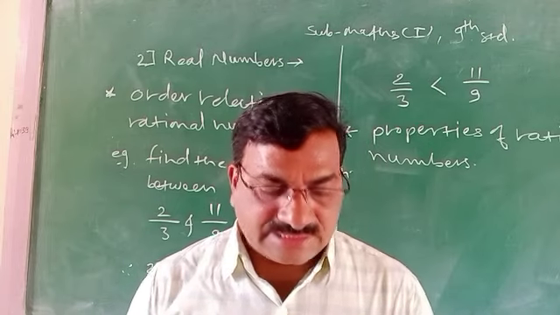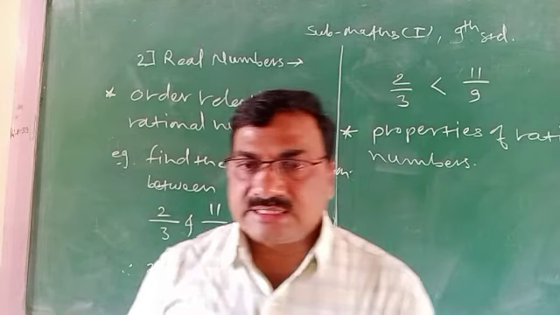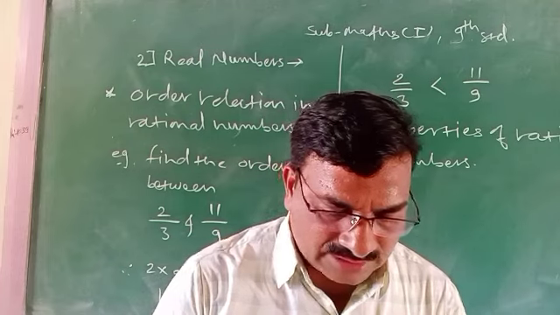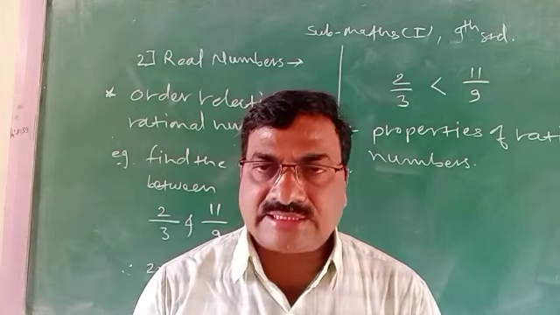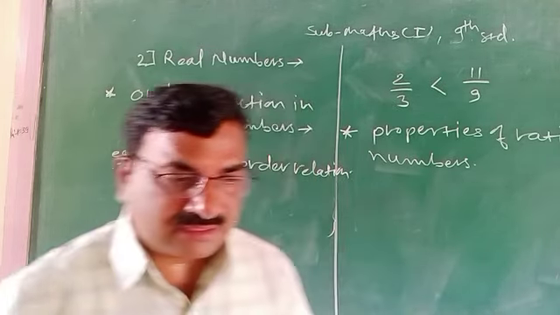Then decimal form of rational number. Next point is decimal form of rational numbers, and then we have to decide whether it is terminating or non-terminating.